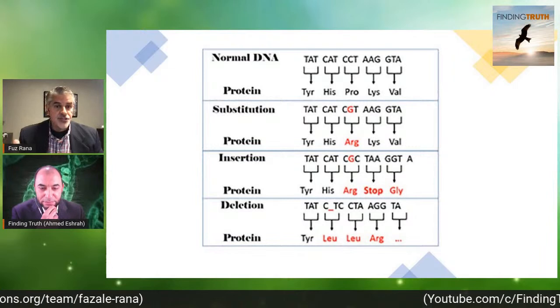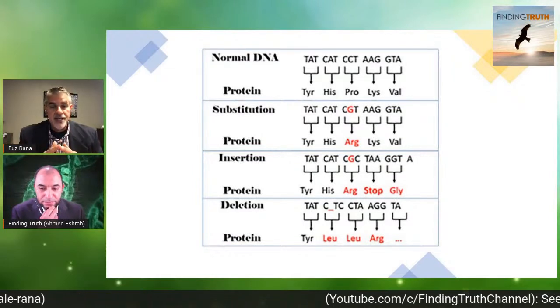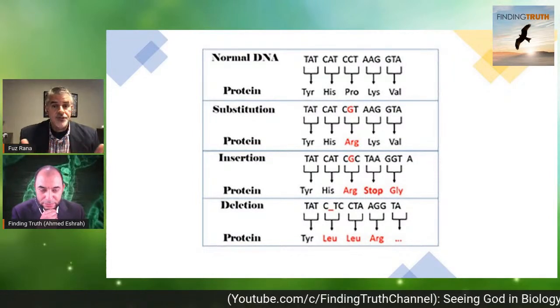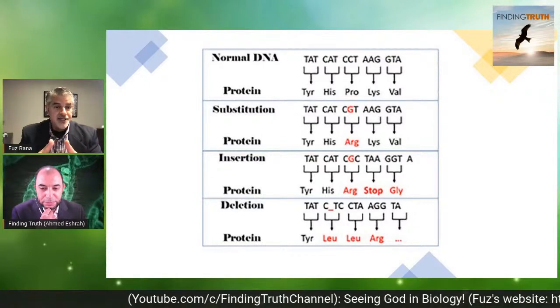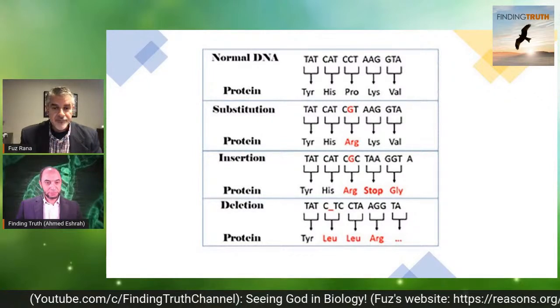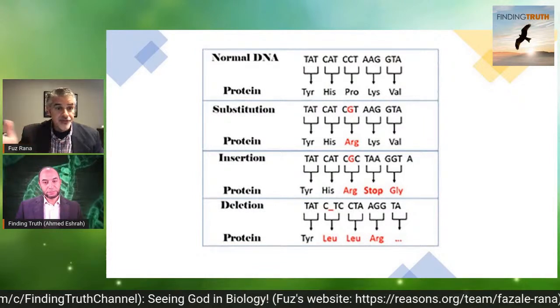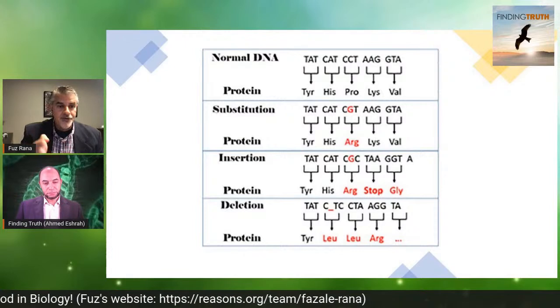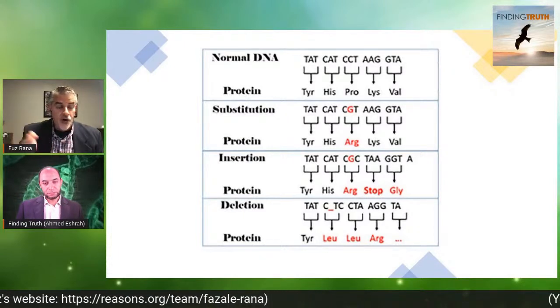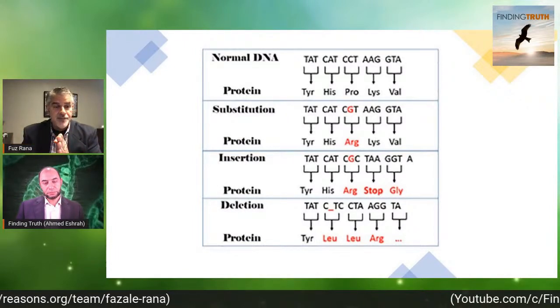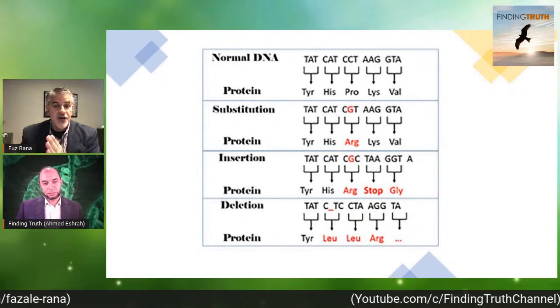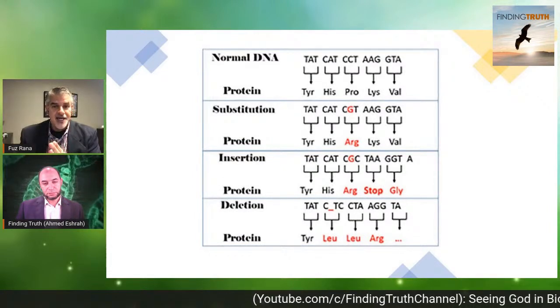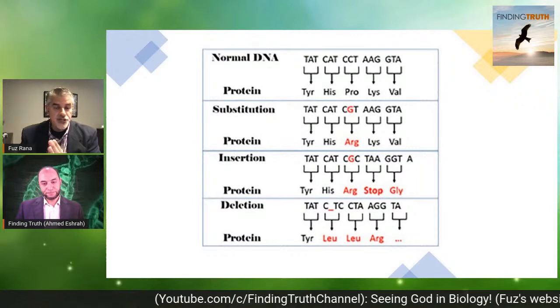You can also have insertions and deletions where either one or two nucleotides are inserted into the DNA, which would cause what's called a frame shift mutation, where you're now literally changing from that point in the protein all the other amino acids because of that frame shift.